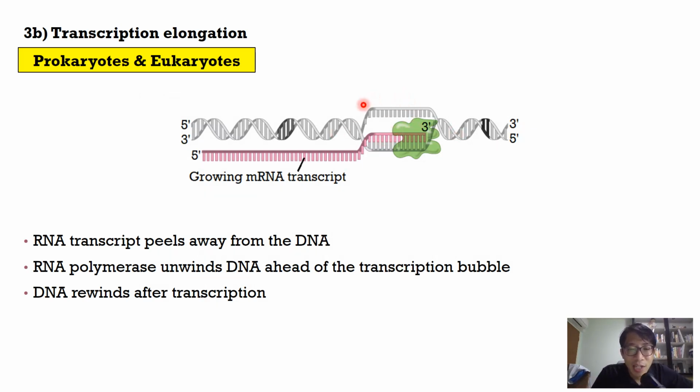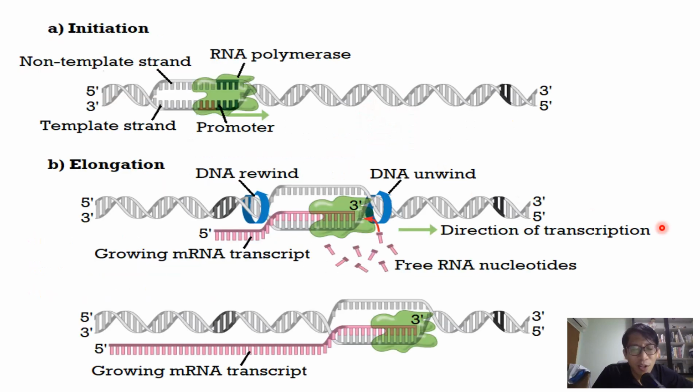if you look at the bubble, you see that the bubble shifts along the DNA molecule. This is a bit different from DNA replication, if you recall. For DNA replication, the bubble would continue to expand, because unwinding happens in both directions, so the bubbles get bigger and bigger.